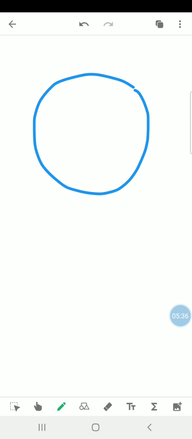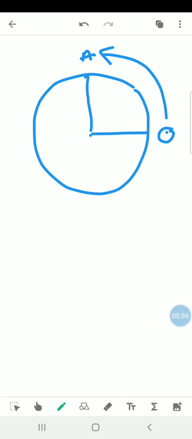Now, when talking about circular motion, we have to talk about displacement. That is, how far does it move? But here we can't talk about it in length. For example, if the movement starts at this point O and moves up to this point A, this is the displacement.